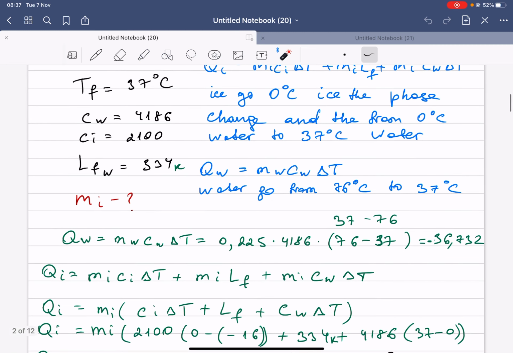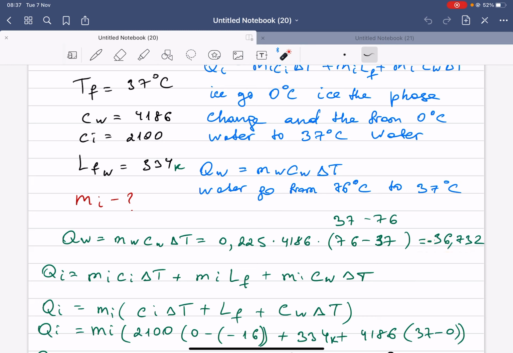So by plugging in all these values, we have the mass of the water, the specific heat of the water, and 37 minus 76. Why? Because this is the final one and this is your initial one, okay? And then you get minus 36,732. The unit of heat is joule, so the minus sign just means that heat was lost by water, okay?